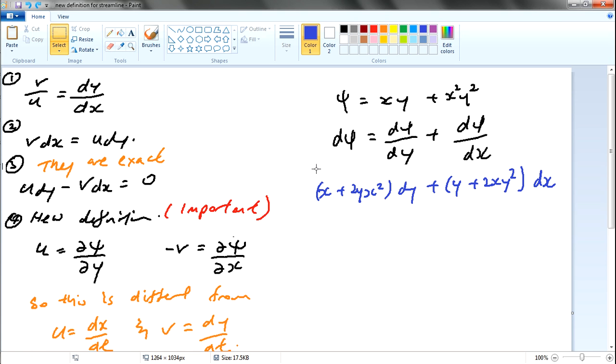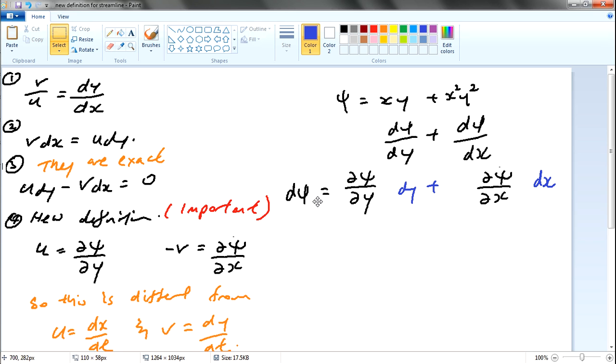But nonetheless, I have proved to you that partial xi divided by partial y times dy, so in other words this one is equal to this one, while this one is equal to this one, so equal to dz.